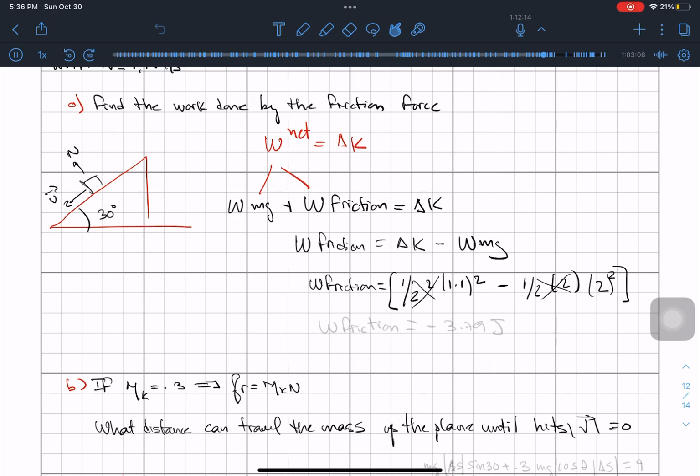So we will get, as the work of the friction force, minus 3.79 joules.